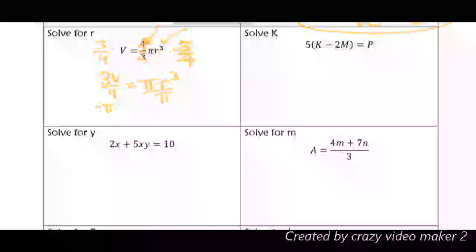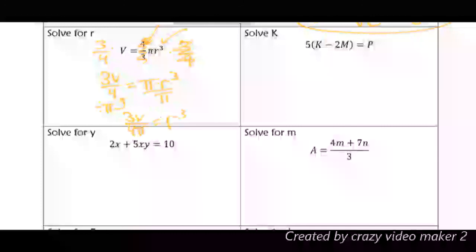So I can just rewrite this into the bottom, and I'm still dividing that expression by pi. So 3v over 4 pi equals r cubed.